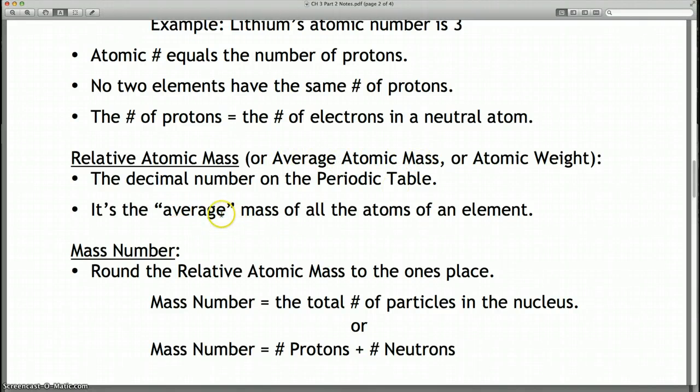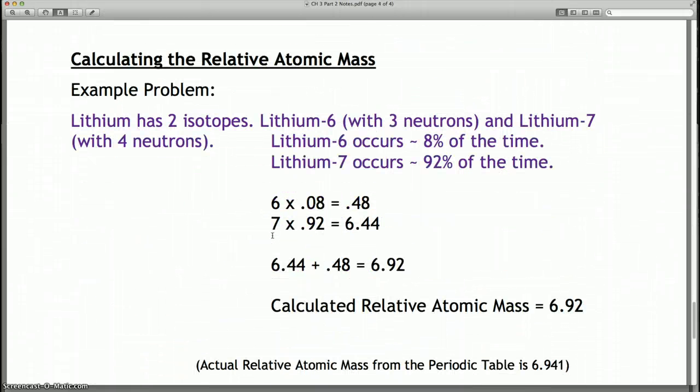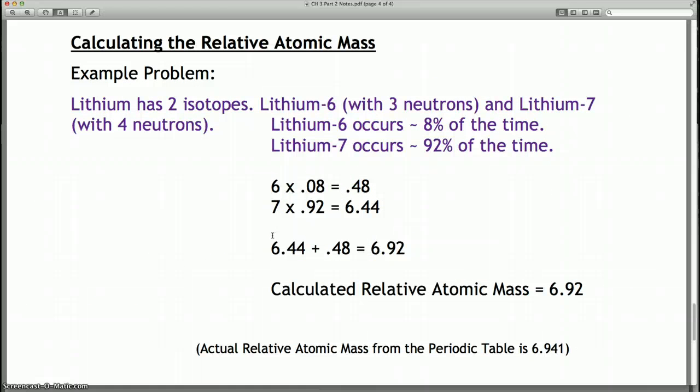It's not really a true average, because these percentages are coming into play. So all you do is you take those 2 numbers, 0.48 and 6.44, and add them together. A lot of people want to then divide by however many numbers there are, but don't do that. You just add them together, and that is your answer, 6.92. So the calculated relative atomic mass is 6.92.